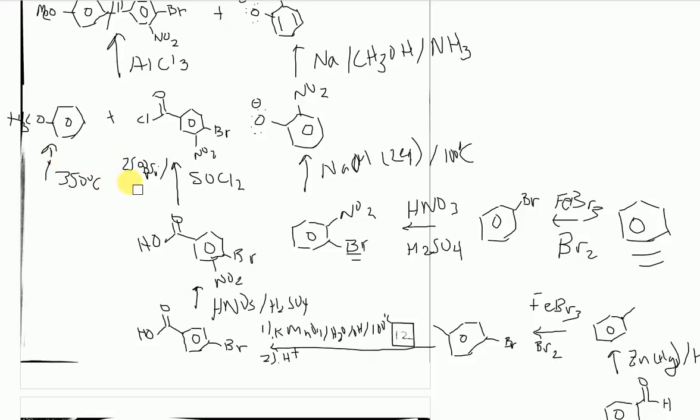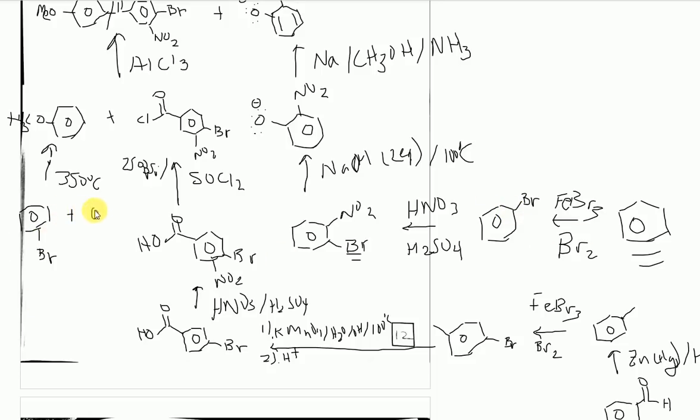Right, so I put 2500 psi, 350 degrees Celsius, and then I have OCH3 minus, and I have this. So all I'm going to get is a benzene ring with a bromine on it. And thankfully we already synthesized this earlier, so I can just stop here.